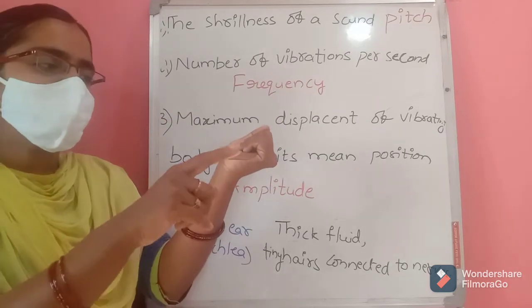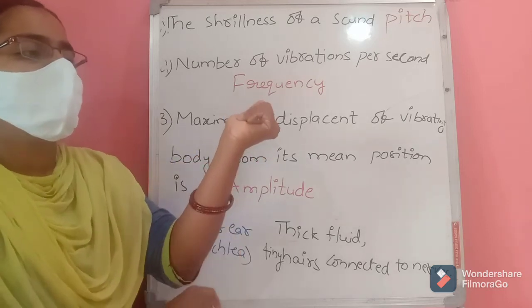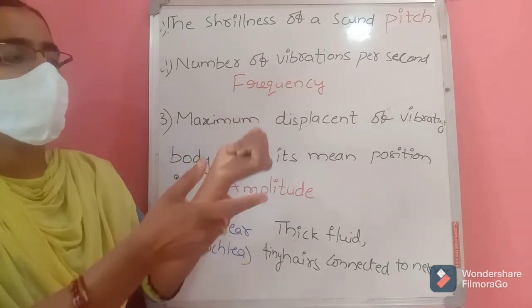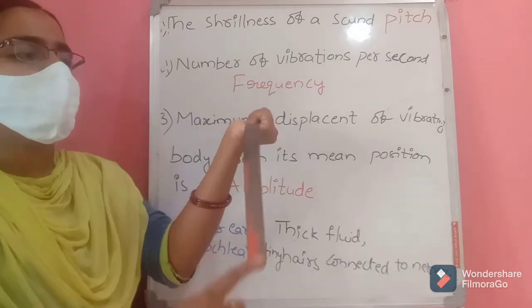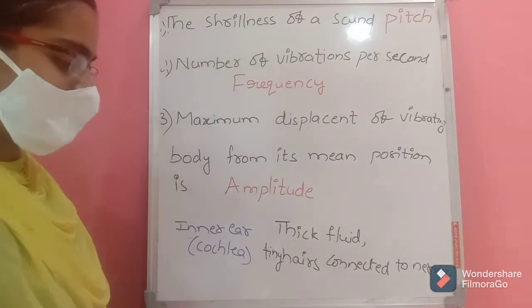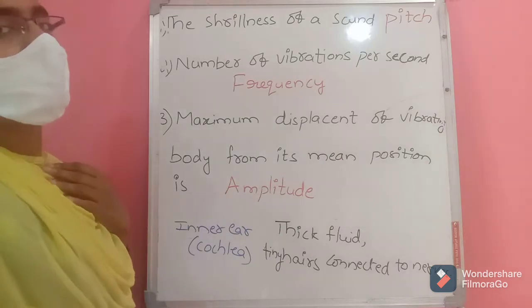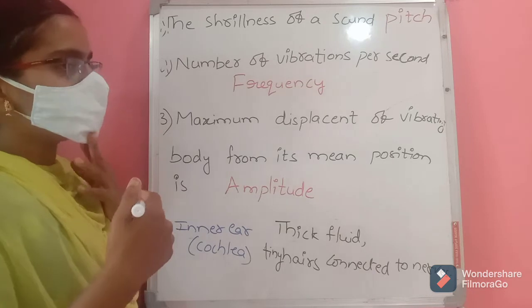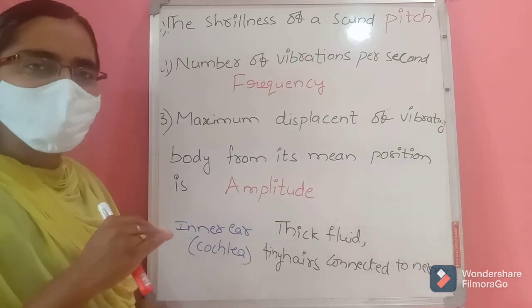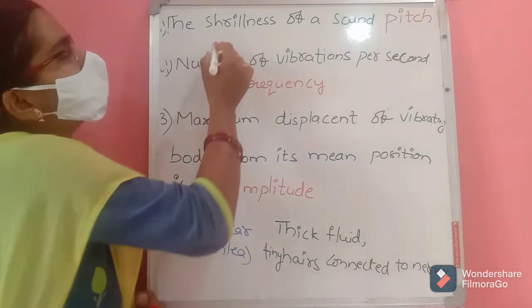When its length is less, it produces more vibrations. When its length is more, it produces fewer vibrations. When it produces more vibrations in less time, that is called shrillness of sound.